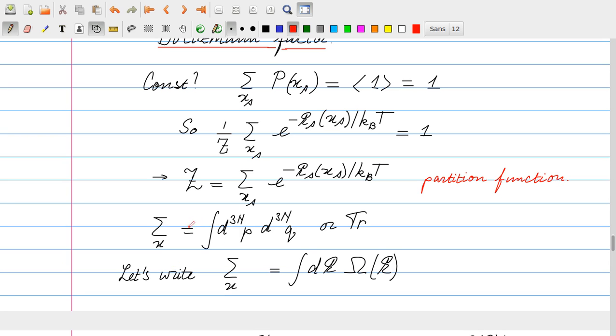So it can be proportional to d^3p and d^3q, and we have seen that if you want to make this perfect, you should put an N factorial and an h to the power 3N in the denominator for proper normalization, or we should take a quantum mechanical trace over the operator, and so this is just a kind of symbolic notation.